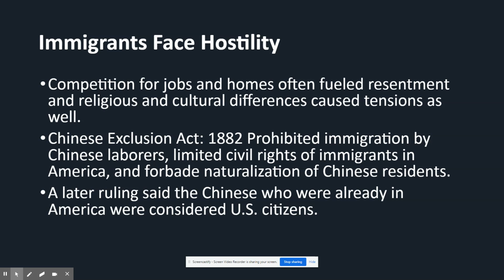Immigrants coming to the United States could work for next to nothing. So you, who are making a little bit more, are going to lose your job so that they could pay an immigrant or a new person to the United States a little bit less to save some money.